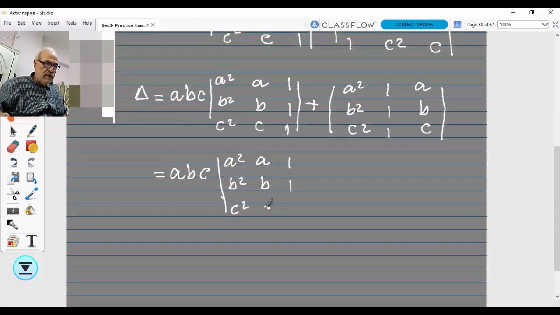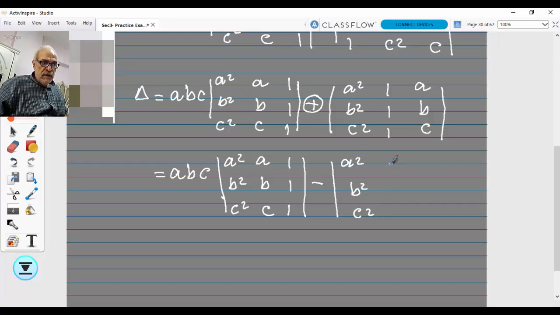C square C 1. Again, when you interchange these two columns, you must change this sign again, multiplying by negative. It will be negative. And here we have A square, B square, and C square. Here we have A, B, C, 1, 1, 1, and 1.